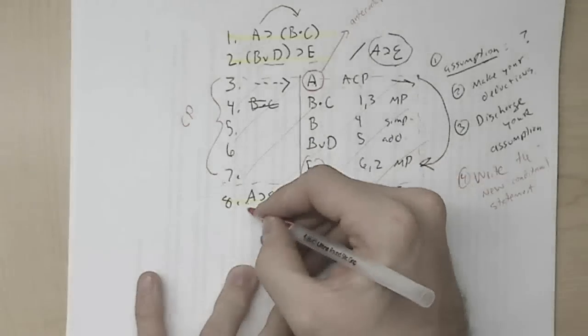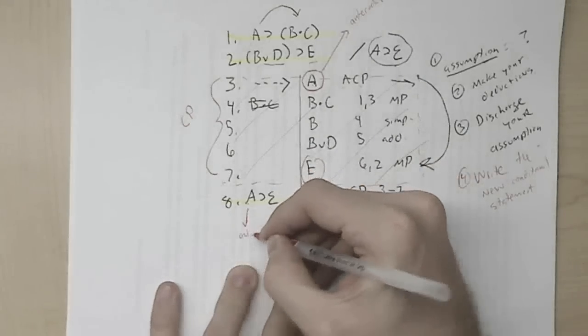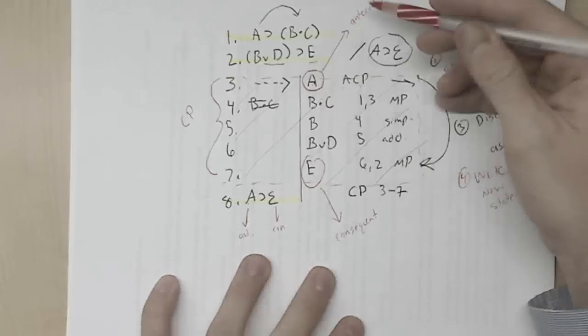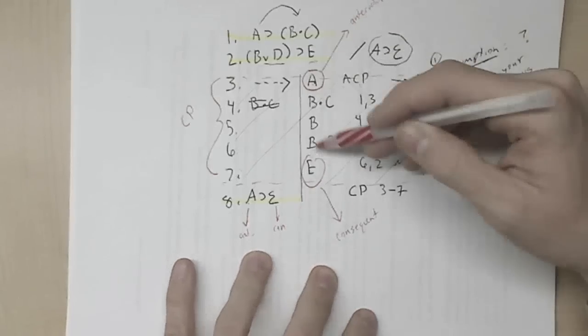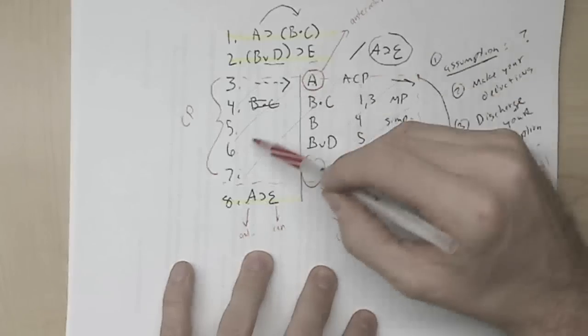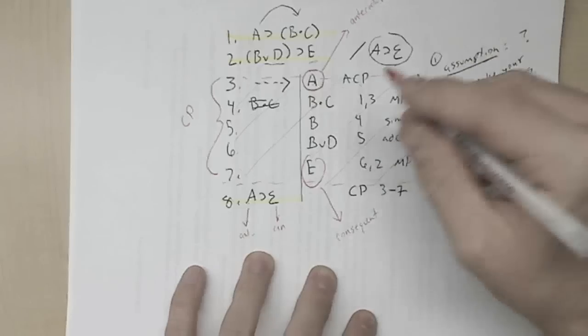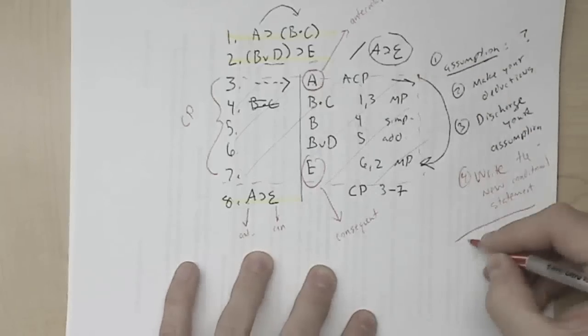Remember, this here is the antecedent, and this is the consequent, right? But once you discharge it, you can't use any of your former lines ever again. Your assumption doesn't count, right? So that's something to remember.